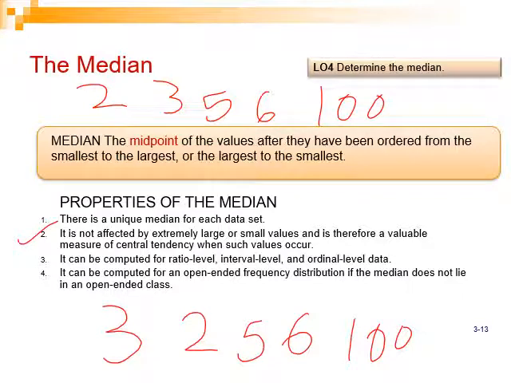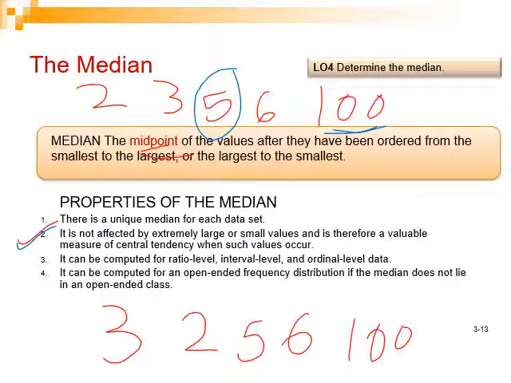And the median here is the midpoint, which is 5, and it is not affected by an extremely large value like 100. This value may not be true. Maybe it's 10, but someone wrote 100. The median is not affected by this error, as it is only a measure of the values in the middle. This is what is meant by number 2.